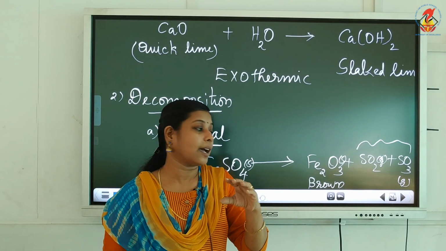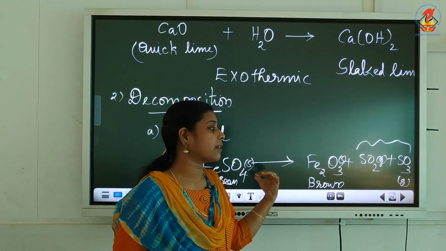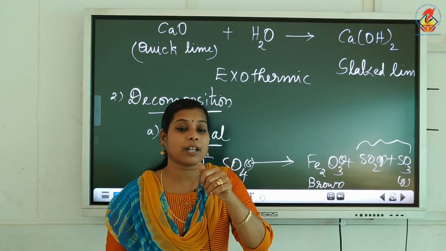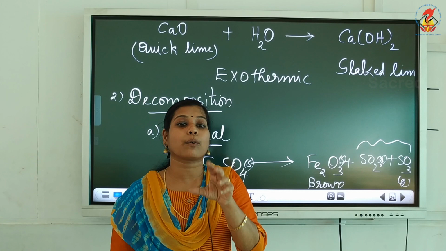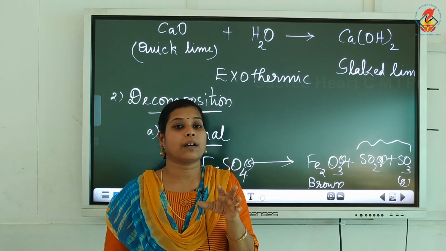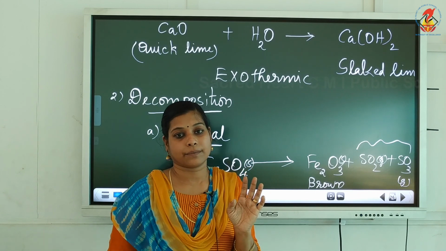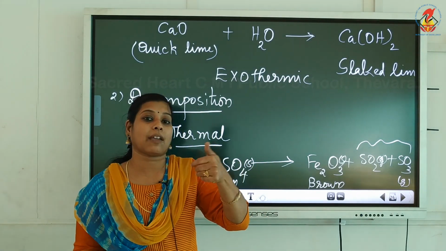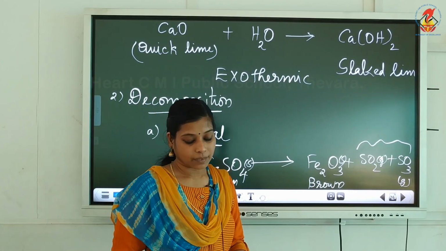While heating, we can observe that green color changing to brown color, and whenever you are doing that experiment, you have to keep the test tube mouth away from your face, so that nothing will happen. No burning, so you have to keep it away from your face.